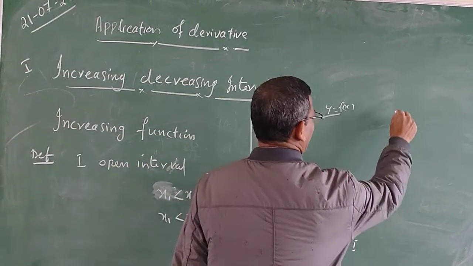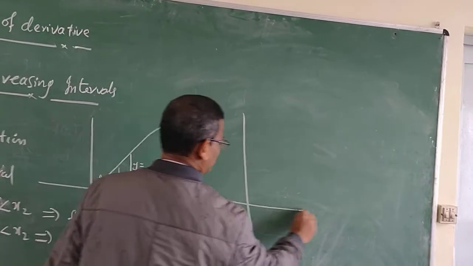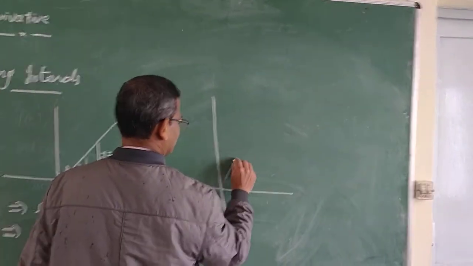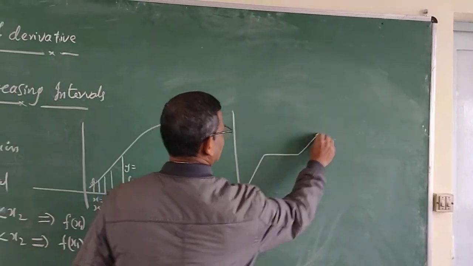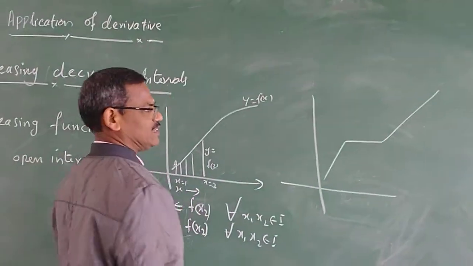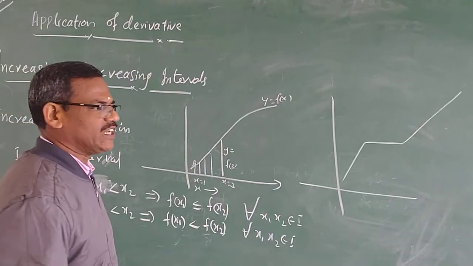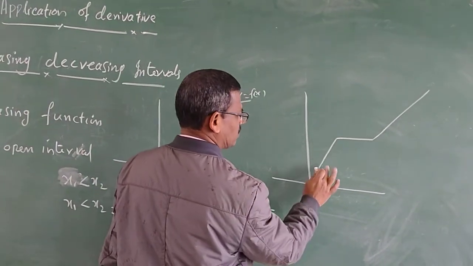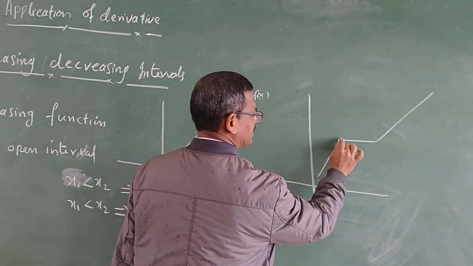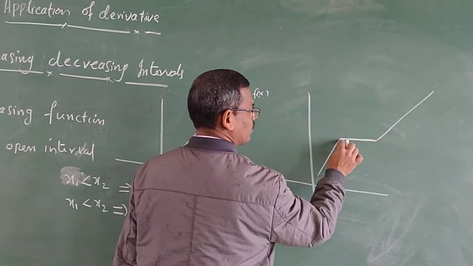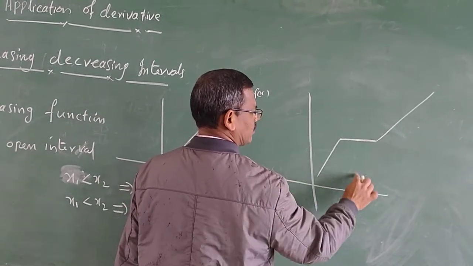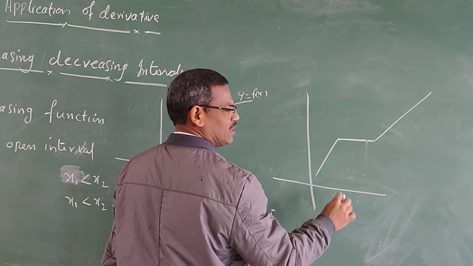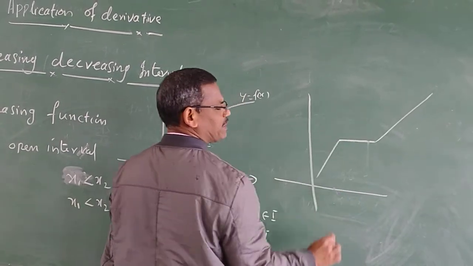Now, strictly, I will just draw another figure where, say, it goes like this. This is not strictly increasing, this is increasing, I can say, because at some stage the function is equal. Here also it is coming as equal, so the y value is coming as equal.